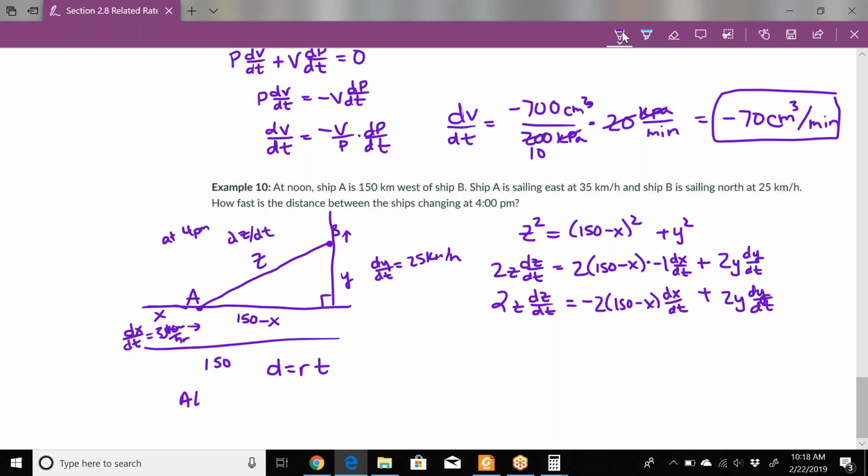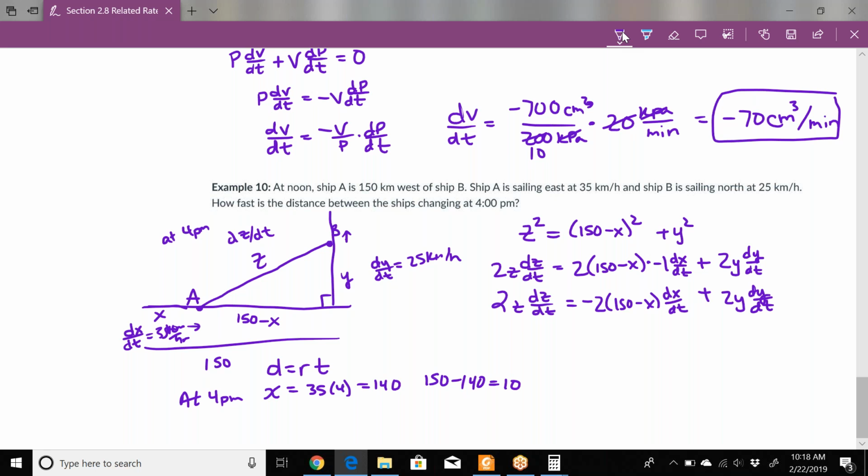So at 4 p.m., because we do know the time lapse, that means our x, which is this number right here, how far has this actual ship traveled? So remember, this is giving us this, not this number yet. That would be 35 kilometers per hour times 4, because it's been a 4-hour time lapse, so that's 140, which means our actual side of our triangle is 150 minus 140, which is 10.